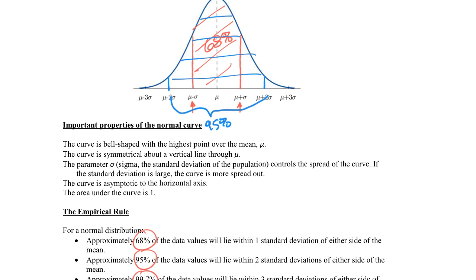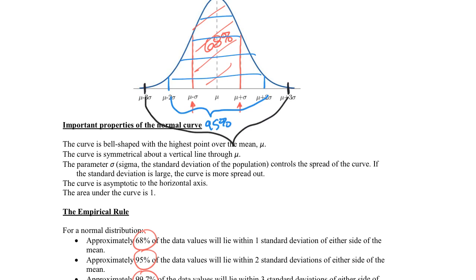So we'll see that human height follows a normal distribution, which means that 95% of us have a height that is within 2 standard deviations of the mean. And then finally, if you get out to 3 standard deviations, to this area here, you're going to get almost all the data.